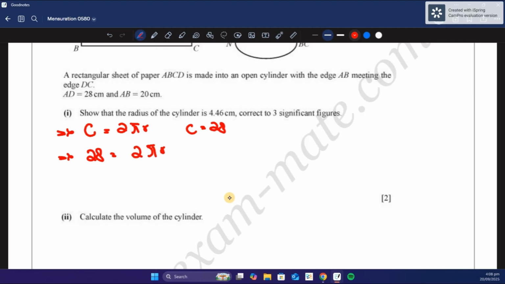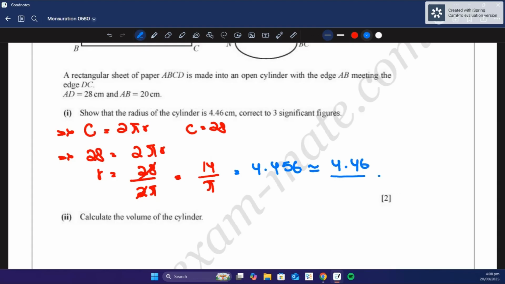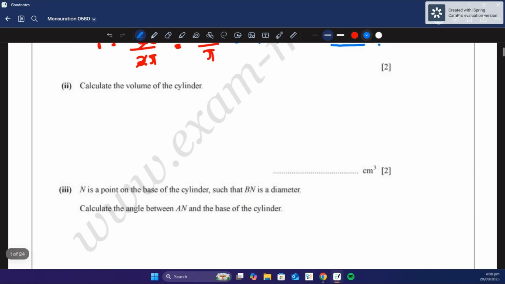That gives us r equals 28 over 2 pi, which is 14 over pi, and our final answer would be 4.456, and if we round it off it would be 4.46. Simple enough.